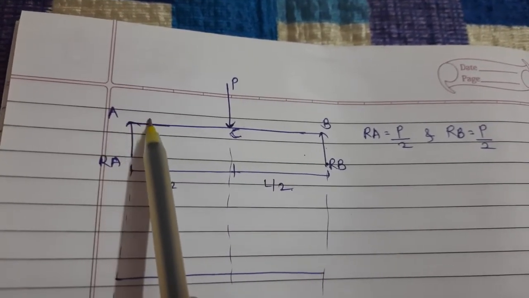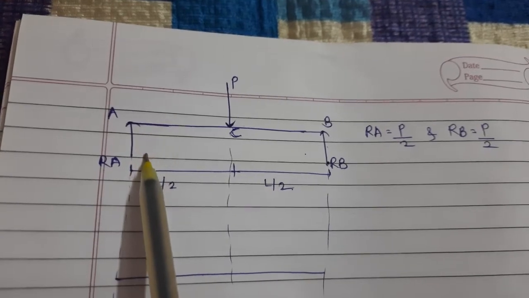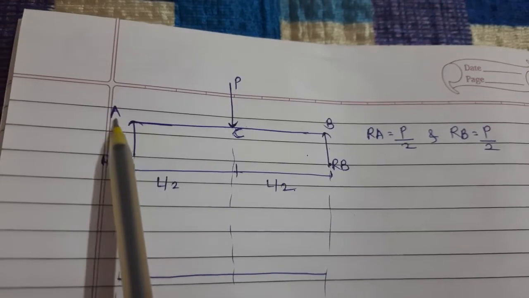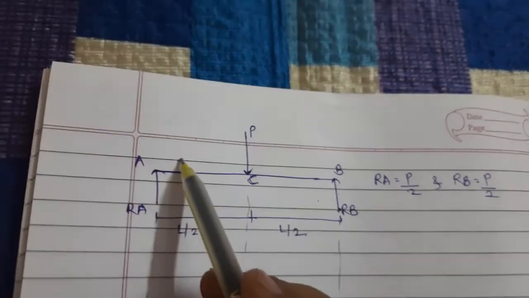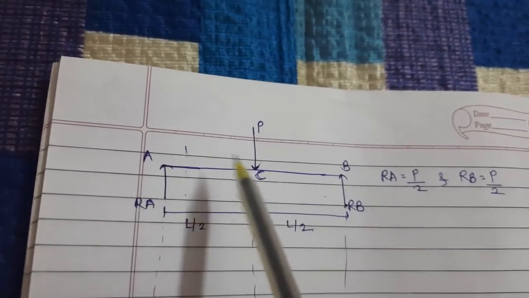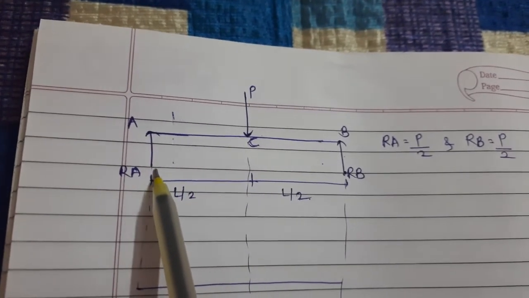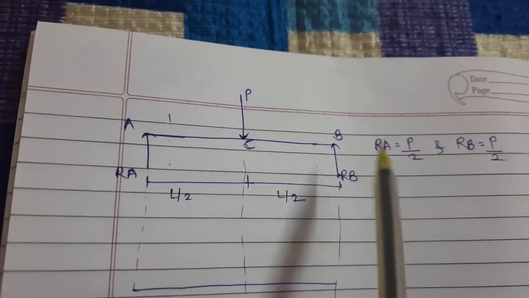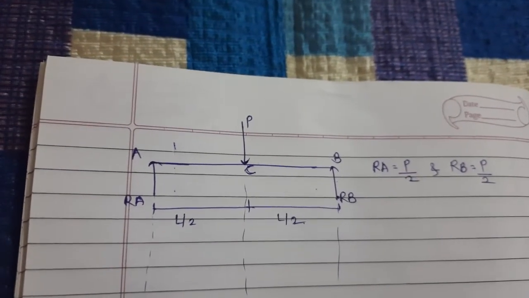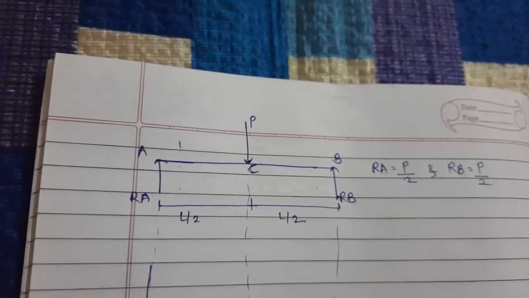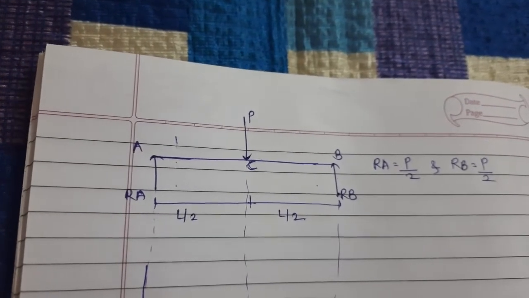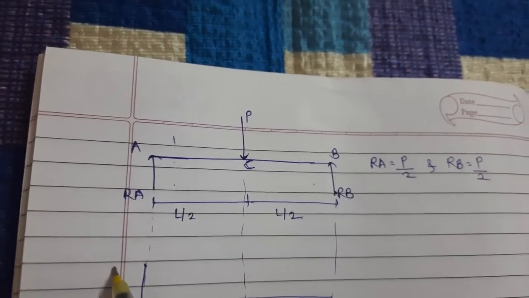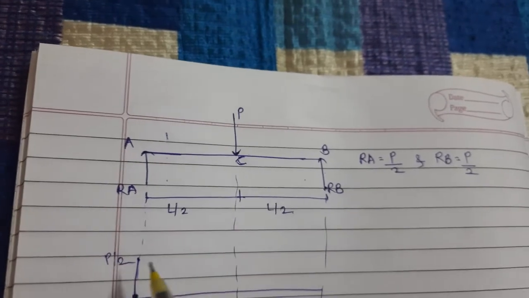If we take a section at the right side of point A, we consider only the left side of that section. What is here? RA, having value P by 2. So on the left side of the section it is 0, and on the right side of the section it is P by 2.